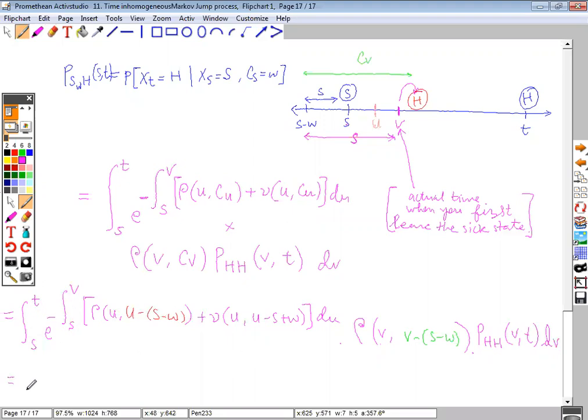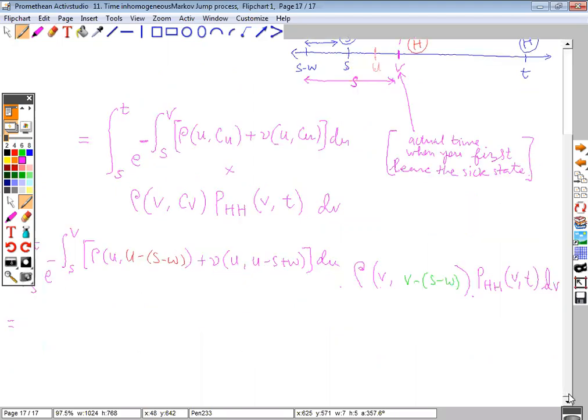So let me just maybe write that. So you can also rewrite this thing. Yeah, integration from 0 to T minus S. So everywhere you have V, now you are going to write V plus S. So e raised to minus integration of S. Okay, I'm not going to write this as well.